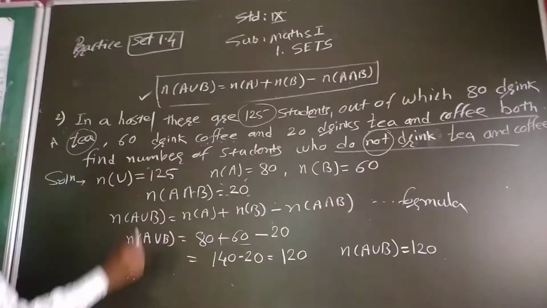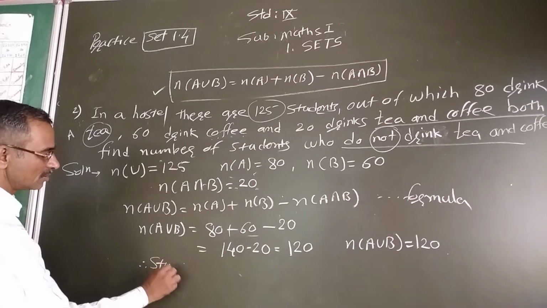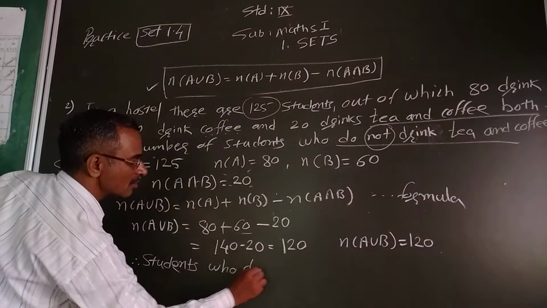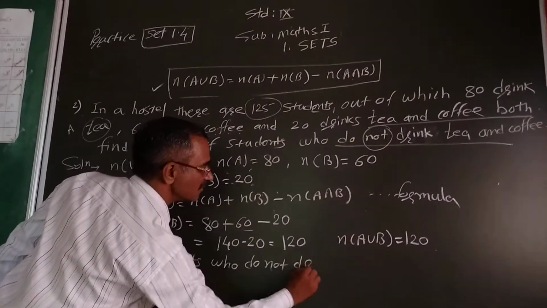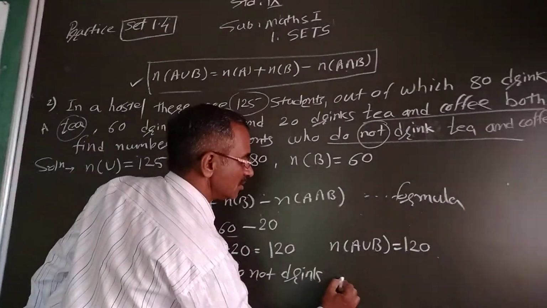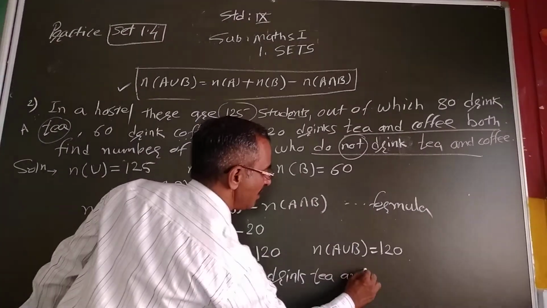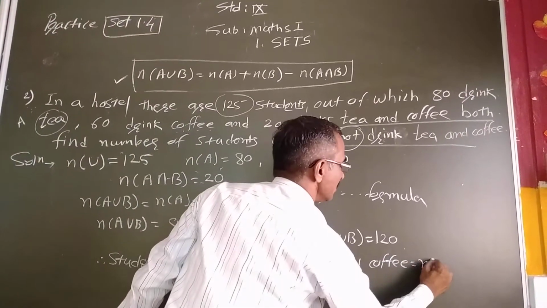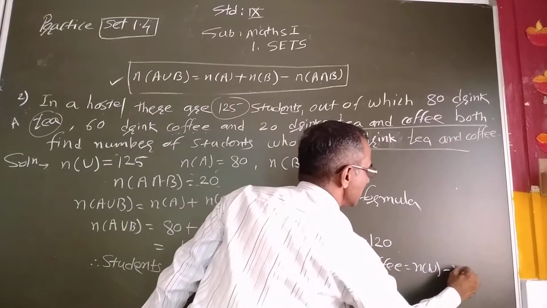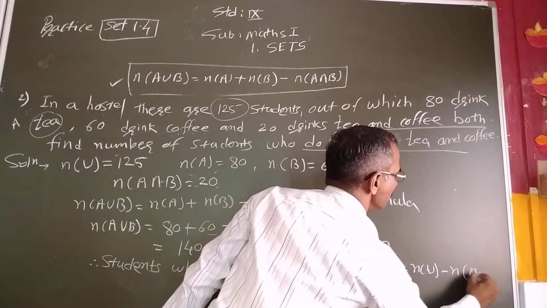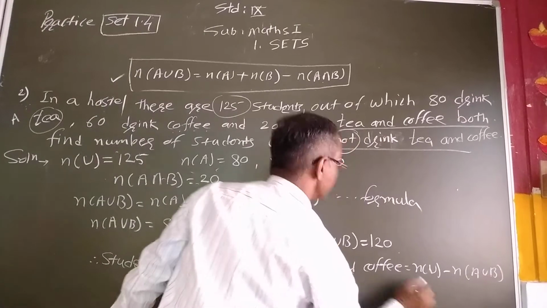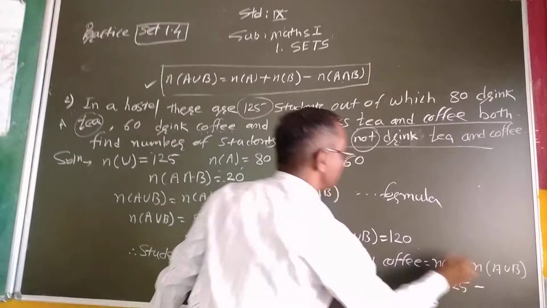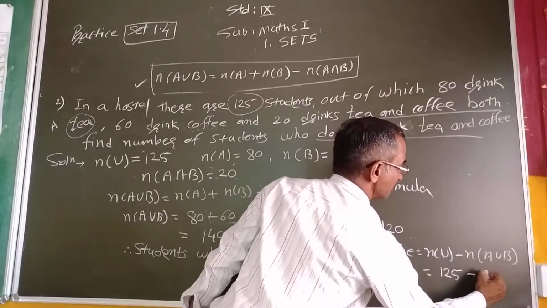So we are writing students who do not drink tea and coffee is equal to n(U) minus n(A union B), which is equal to the total number of students in the hostel, 125, minus n(A union B) equal to 120.